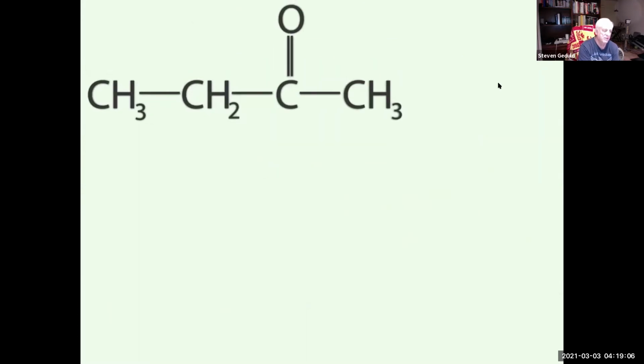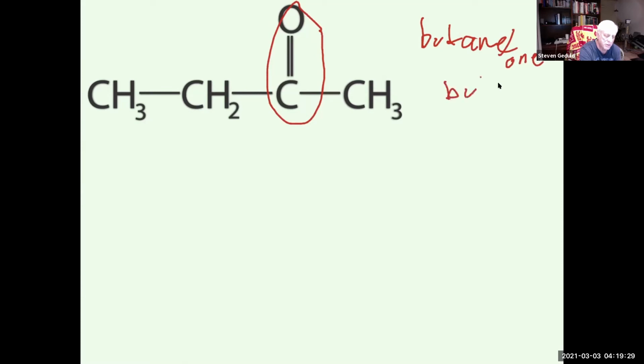Now, here's another example. We have 4 carbons, so our longest chain is butane. It's a ketone because the carbonyl group is between 2 carbons. So we drop the E, add O-N-E.